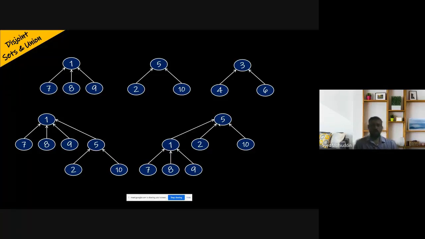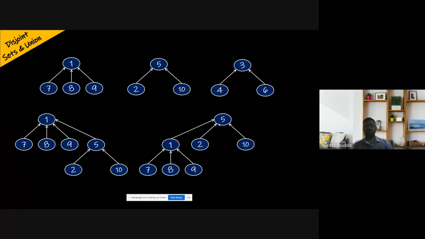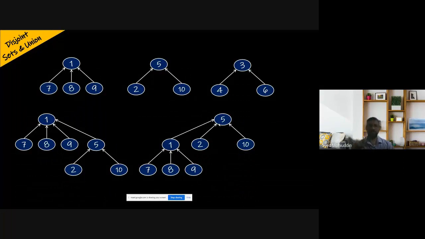Now don't worry about what level it has or why the level increases. We simply make root of one set as the child of the other set. That is how we perform union operation.